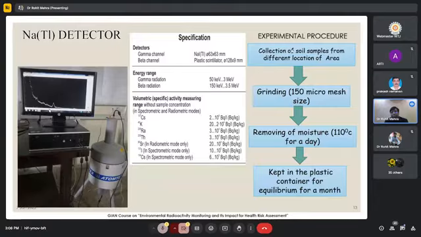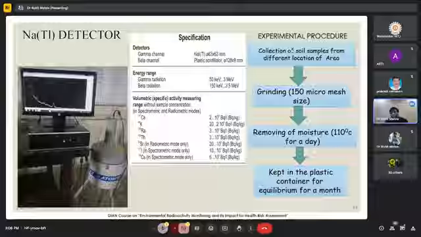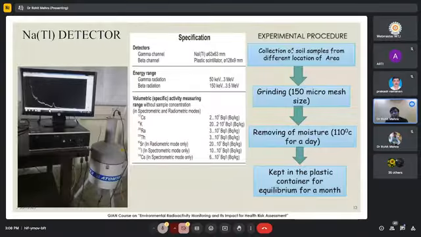Suppose I am going to measure potassium. So I will look for a peak of 1461 keV. And if I am getting a peak of 1461 keV, that means potassium is present. Now for that particular potassium, from this y-axis, that is the counts per second, I would calculate the area under the peak to have the total counts per second, which I could perform even manually.